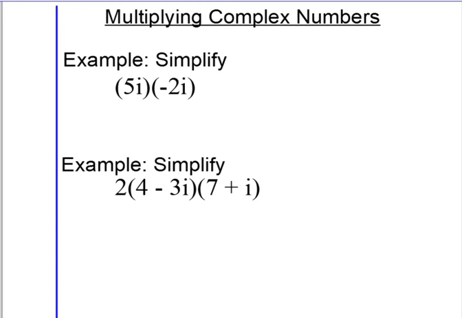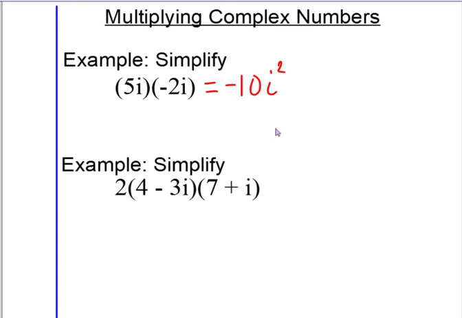Multiplying complex numbers is similar. To multiply a 5i and a negative 2i, we're going to want to multiply the coefficients, so 5 times negative 2. We end up with negative 10, and we have i times i, which makes i squared.